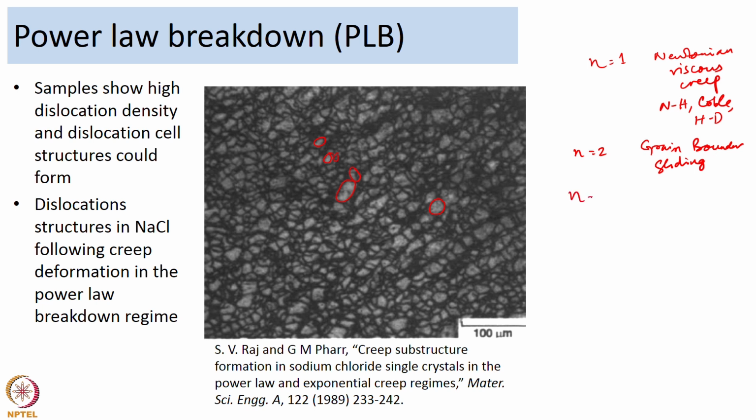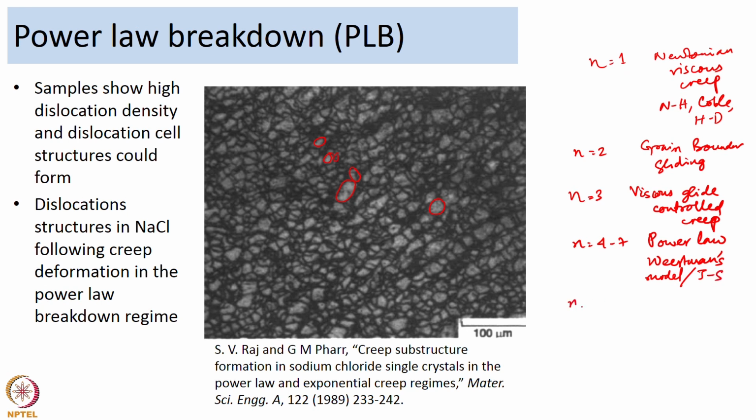Then n is equal to 3, which is viscous glide controlled creep, and then n is equal to 4 to 7, which is power law creep, where it could be either Weertman's model or the jogged screw model, and then n greater than 7, which is the power law breakdown regime.